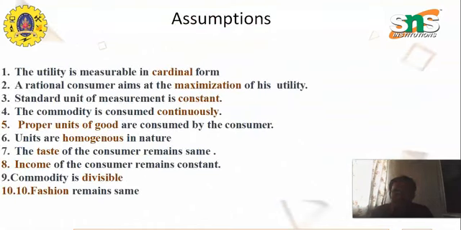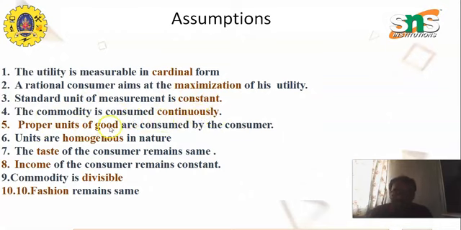These are some of the assumptions while describing the law of diminishing marginal utility. The first one is that utility is measurable in cardinal form, and the rational consumer aims at the maximization of his utility, and the standard unit of measurement is constant. Next assumption is that the commodity is consumed continuously.